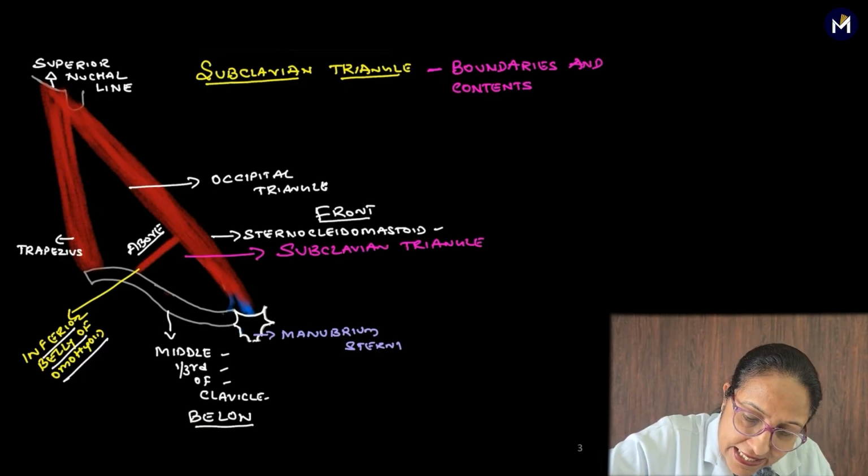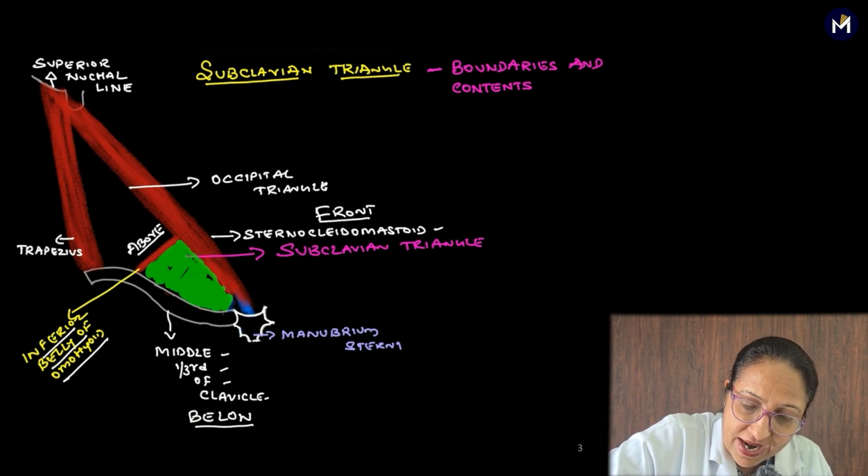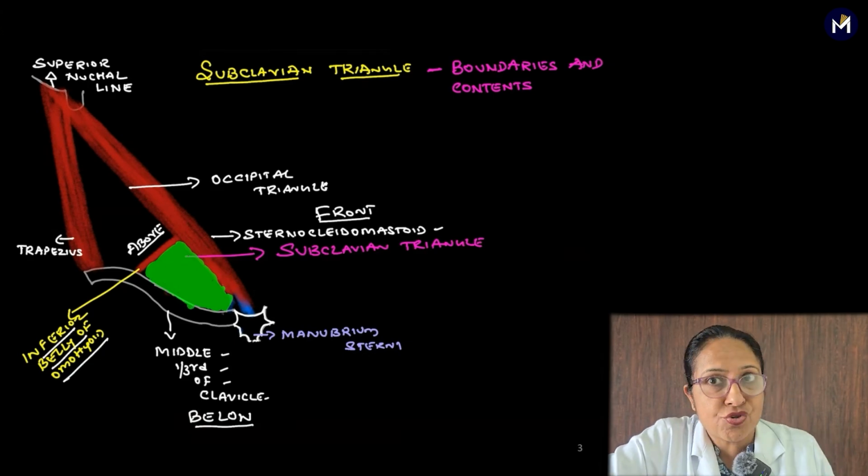The roof is formed by skin as usual, superficial fascia which contains platysma, and the investing layer of deep cervical fascia. So just assume that this is the investing layer of deep cervical fascia which will form the roof of the subclavian triangle.